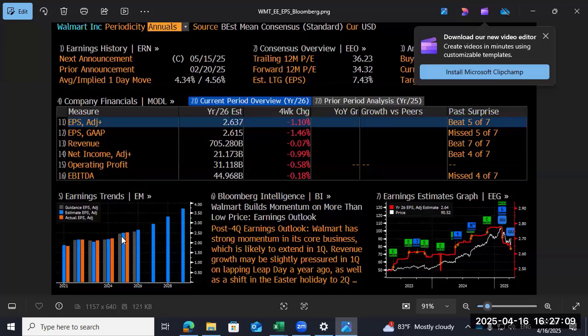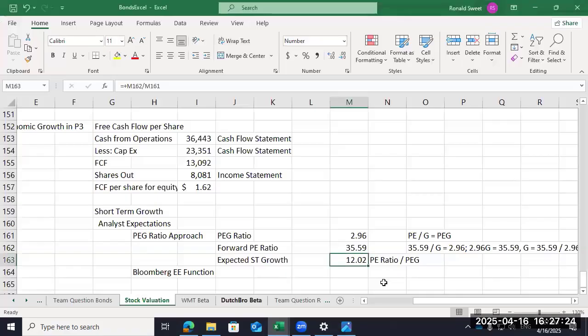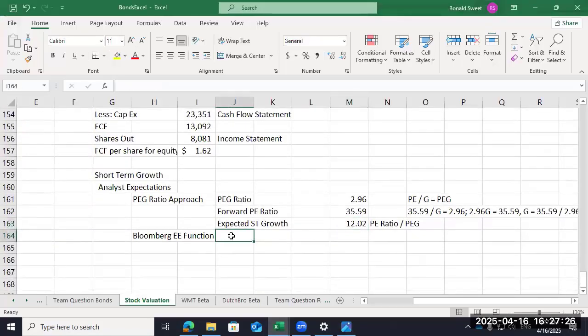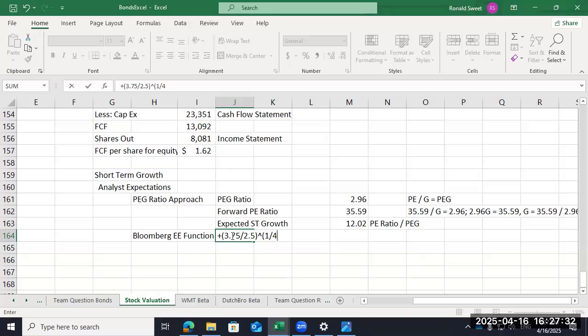So you can actually use this same one. This looks like 3.75 versus 2.5 for 4 years. So 3.75 divided by 2.5, raised to the 1 divided by 4, minus 1.